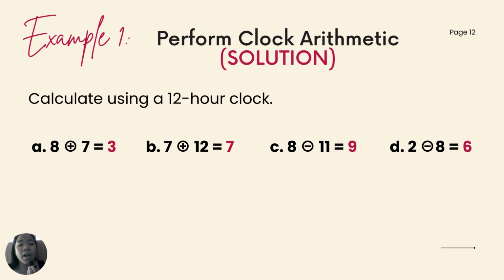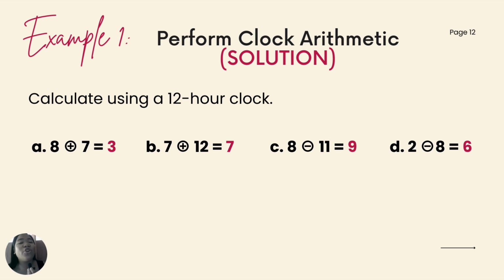Correct. Okay, letter C. Here the subtraction sign means it already happened, meaning before. If it is 8 o'clock now, what was the time 11 hours ago? From 8 o'clock, we just go backward. We have 9.